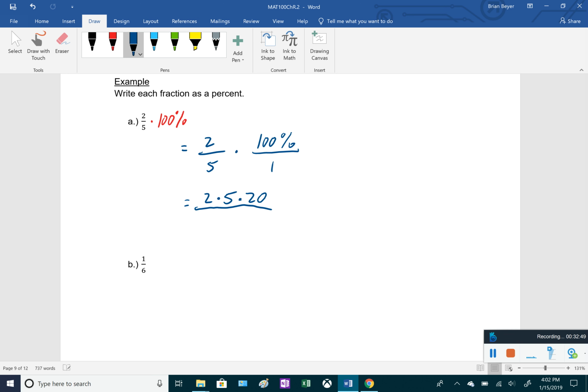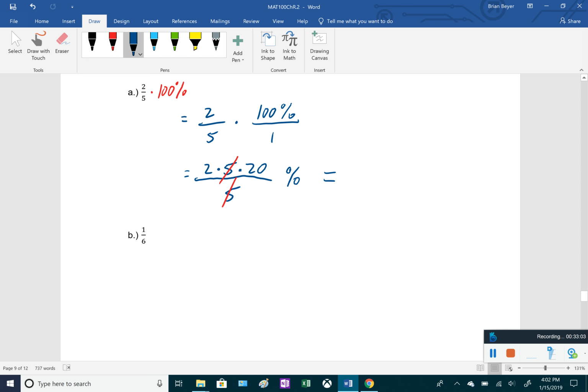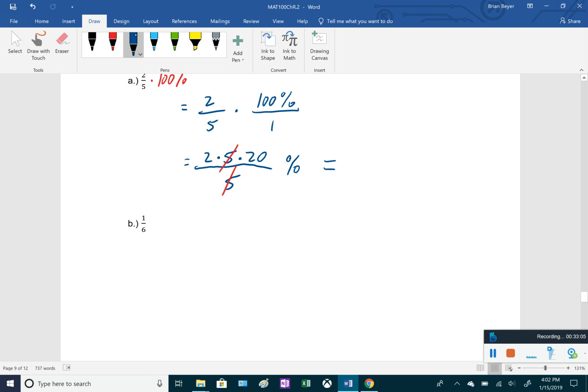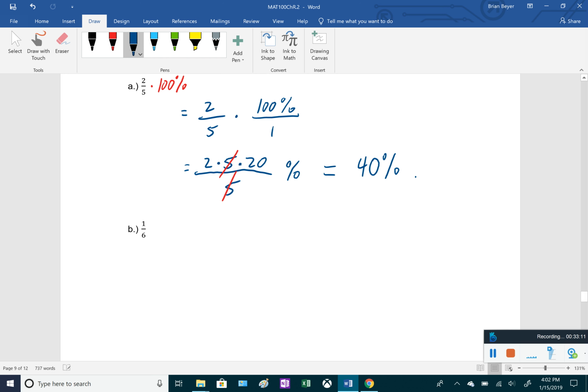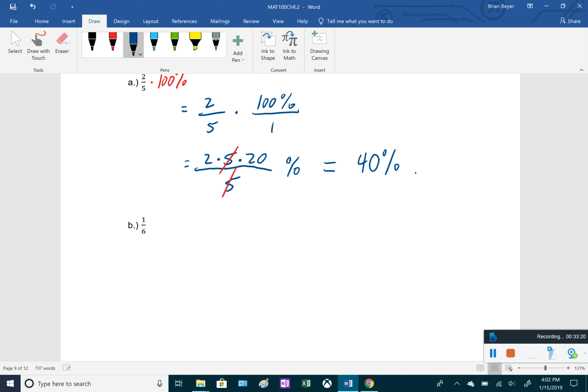And then the denominator is 5 times 1, so just 5. The reason I did that is because now we can see that the 5's cancel. And we get 20 times 2 over 1, so 40. 40 over 1, which is just 40, so 40%. So 2 over 5 is the same as 40%. 2 over 5 as a decimal is 0.4. If we switch that to a percent, it's 40% also.